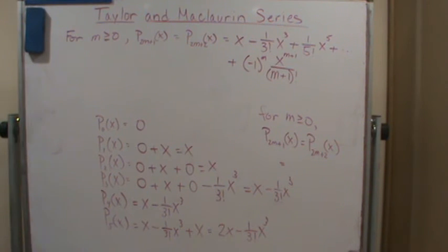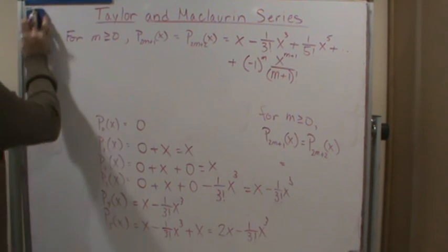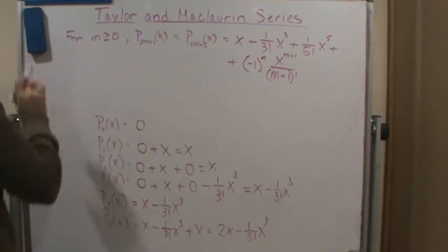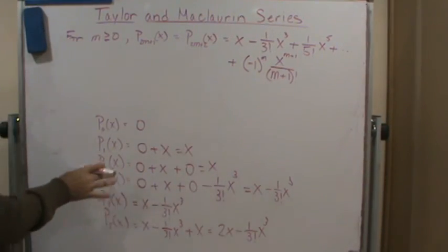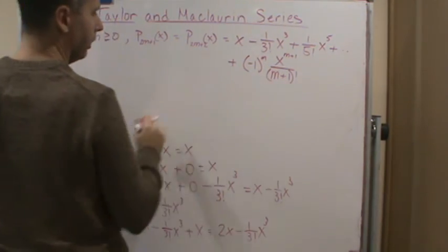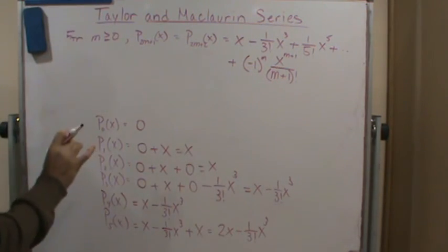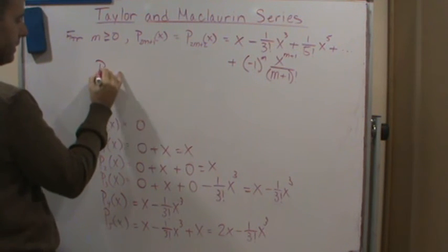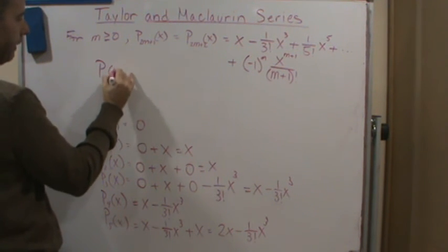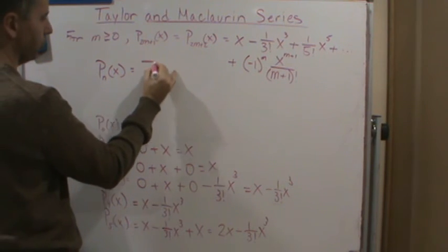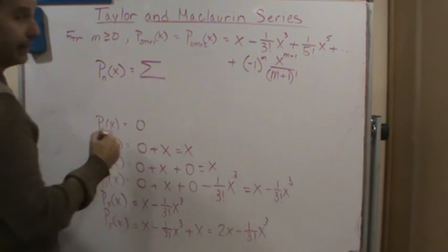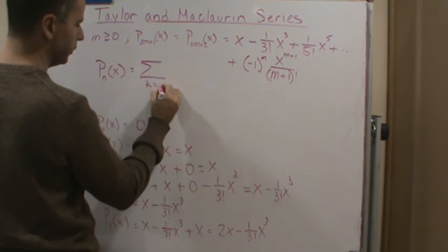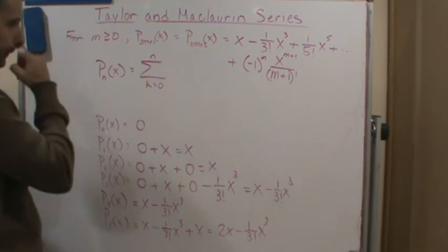Okay, now so now, this is the nth term. So now how do we write this as a summation? Well, then what we're going to do is we're going to write P sub n of x is equal to, again, I'm going to use a different index variable, k. So k is going to equal 0 to n.